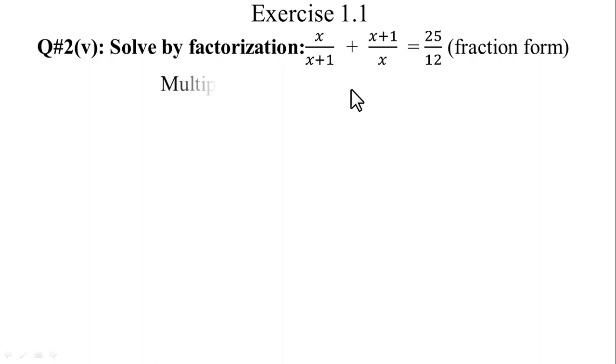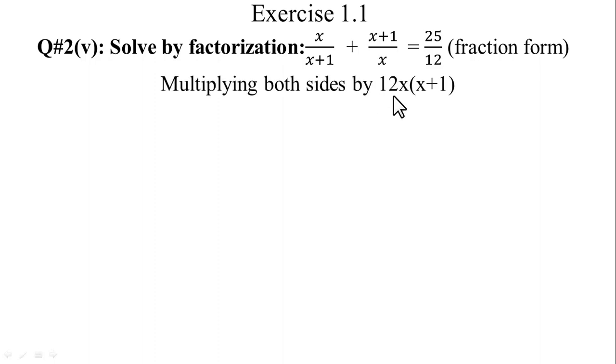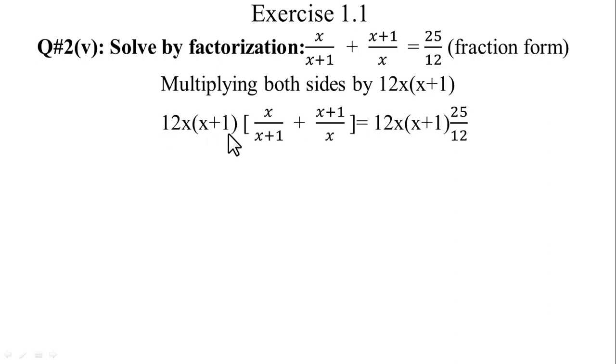Now multiplying both sides by 12x into x plus 1, we get the equation 12x into x plus 1 into x upon x plus 1 plus x plus 1 upon x, on both sides, is equal to 12x into x plus 1 multiplied by 25 upon 12.